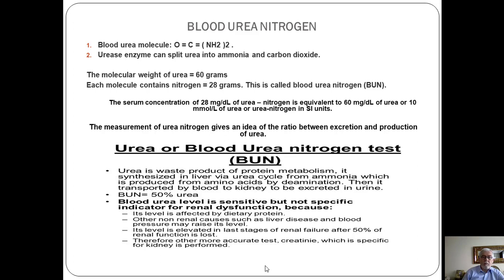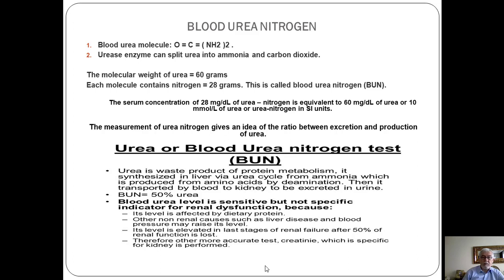Also, the molecular weight of urea is 60 grams, but each molecule contains 28 grams of nitrogen. This is called blood urea nitrogen. It's another description of urea concentration in blood.